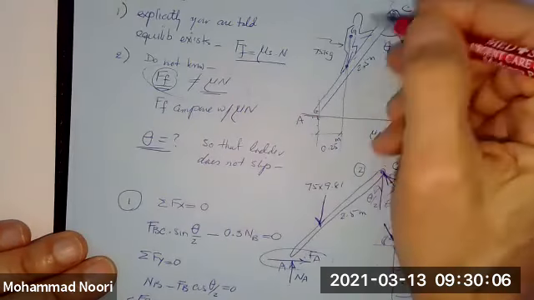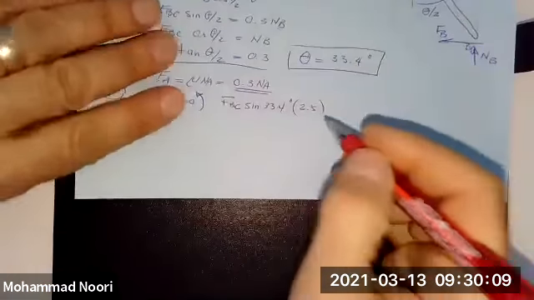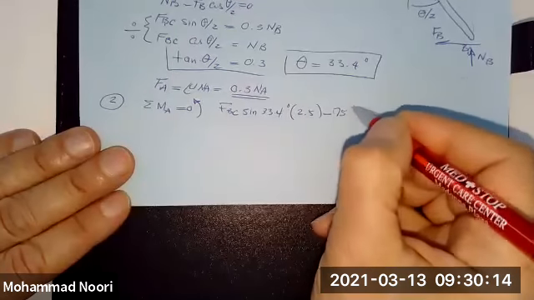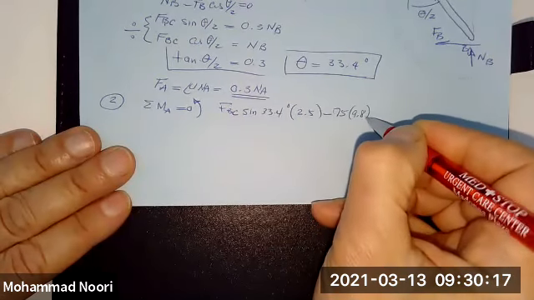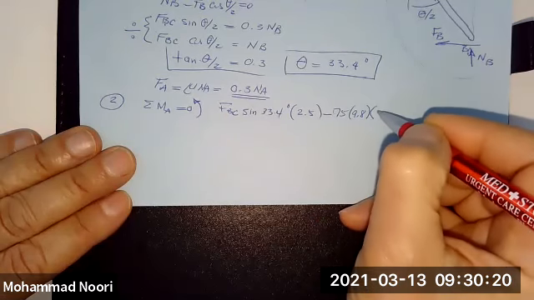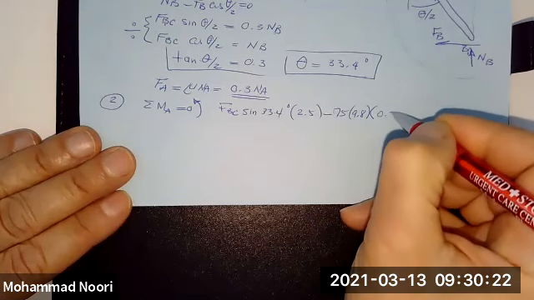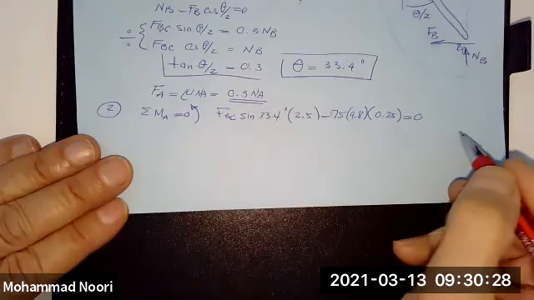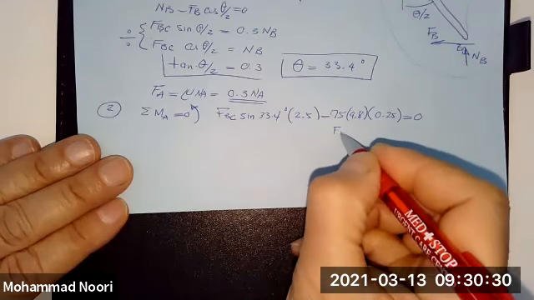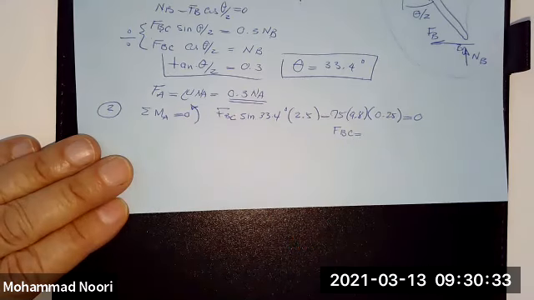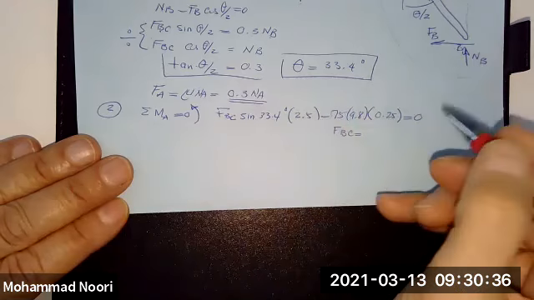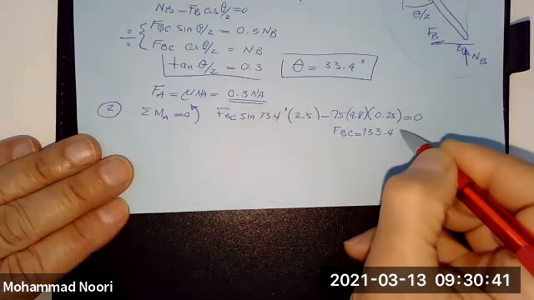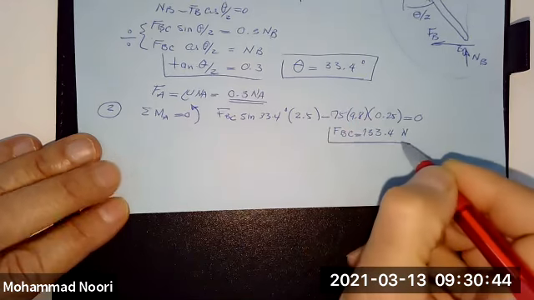I had given it 2.5. So 2.5 minus the weight, which is 75 times 9.8 times 0.25, equal to 0. If I solve for this, I get FBC comes out to be 133.4 Newton.